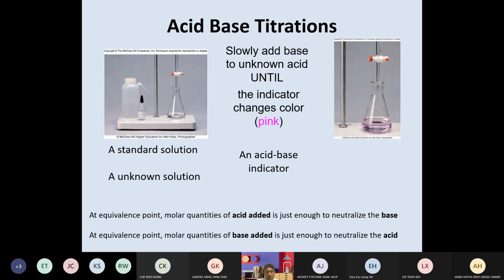What are the difficulties this type of technique has? Can anybody tell me what type of problem we have for this type of acid and base titration?